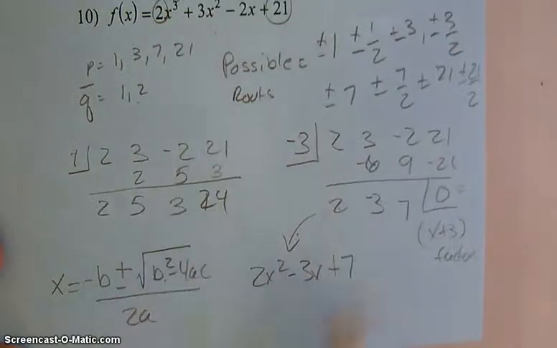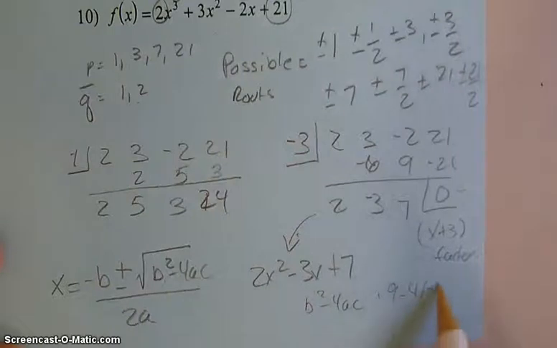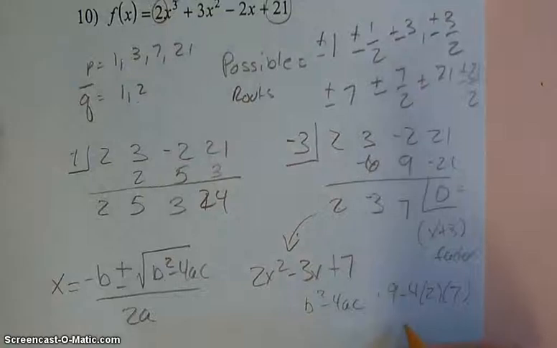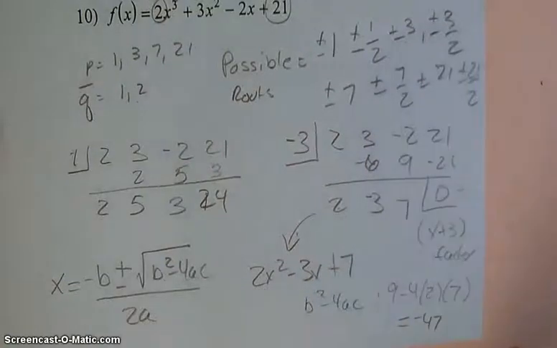So we're going to do the inside first. So I have b squared, which would be 9 minus 4ac. I'm sorry, that's all kind of jammed up here. So b squared would be 9 minus 4 times 2 times 7, which gives me negative 47, and that's not going to factor.